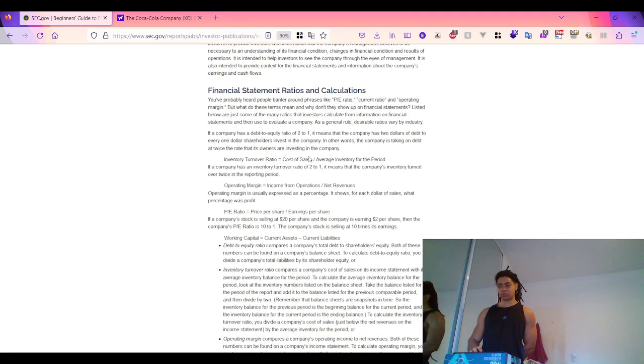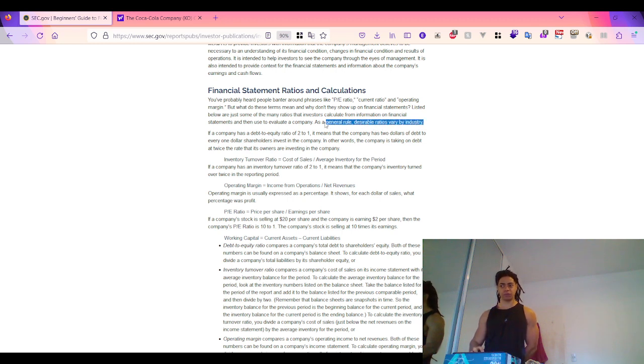So right now, after all of that, I'm looking at the financial statement ratios and calculations, which are tools that investors use to evaluate a company. As a general rule, desirable ratios vary by industry.